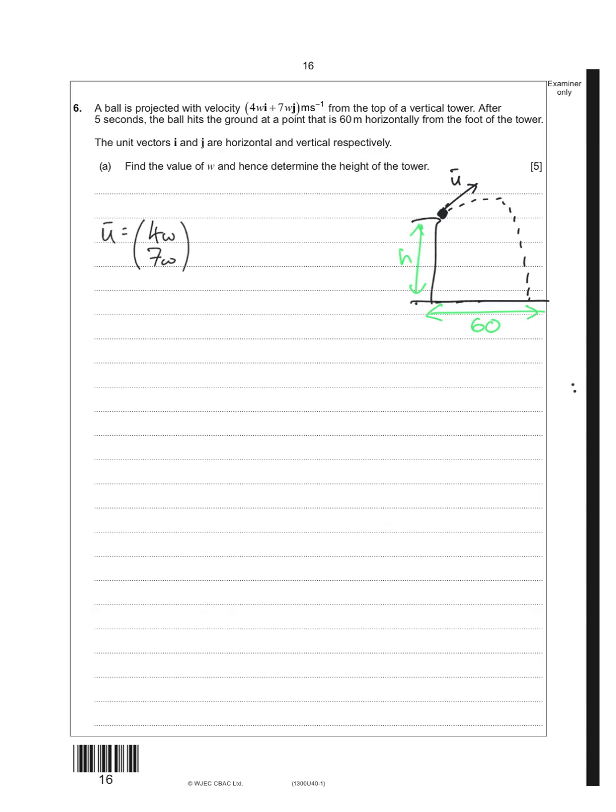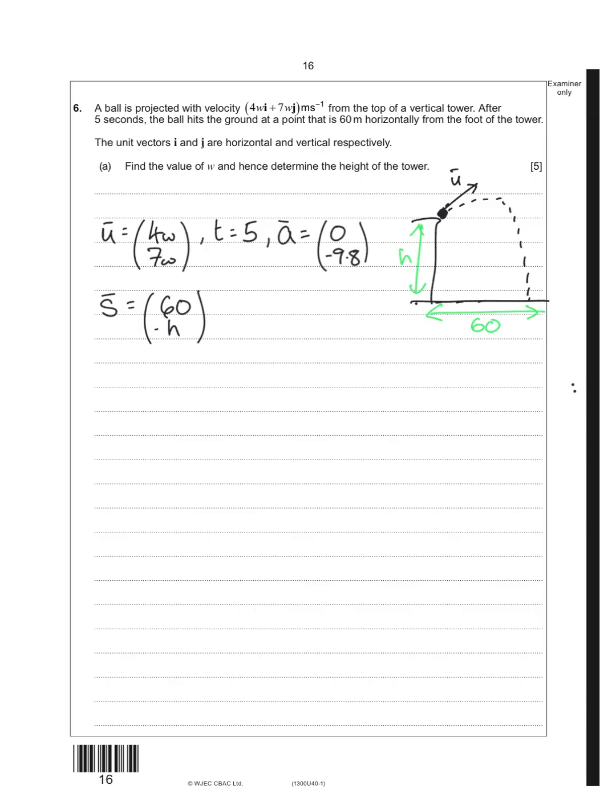Yeah, that is a w, not an omega. t is 5. a, well, there's no acceleration horizontally, there's minus 9.8 vertically, and I know that my displacement vector 5 seconds later is 60 and minus h.